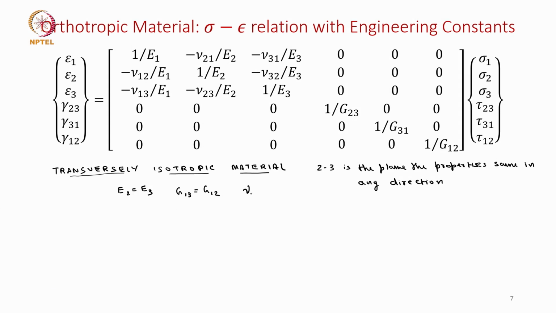Similarly, Poisson ratio nu 21 I can write as nu 31, and in addition to this we can also say that G23 can be written in terms of E and Poisson ratio as E2 by 2 times 1 plus nu 32. So, if we do all of these, we see that what we are left with is 5 independent constants.